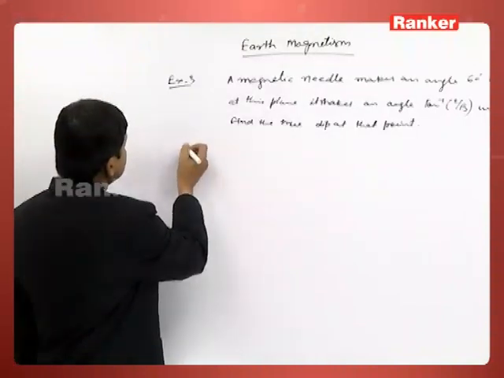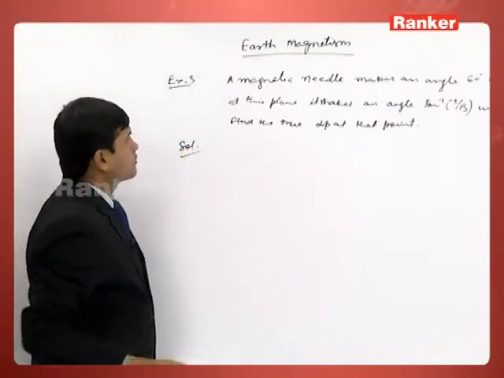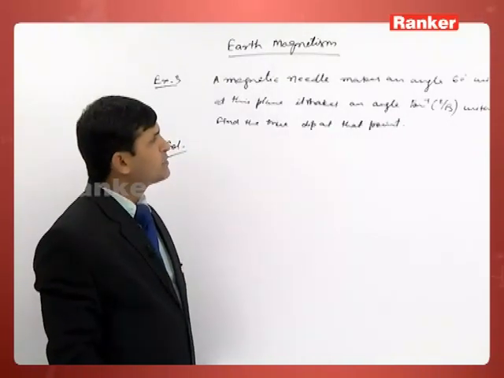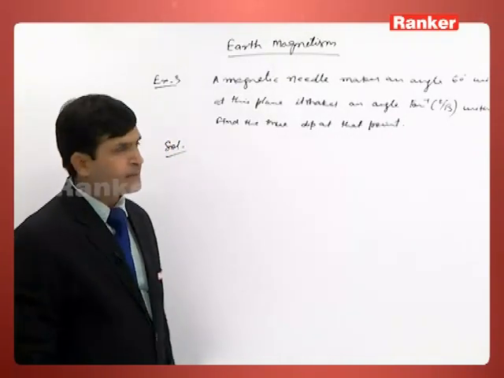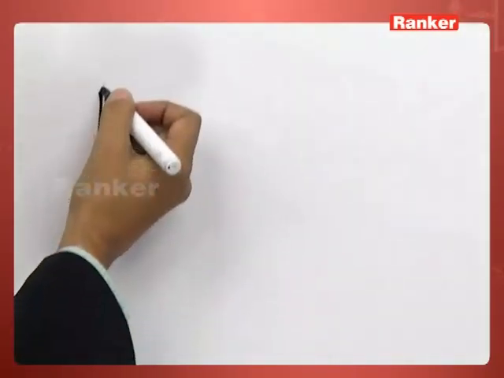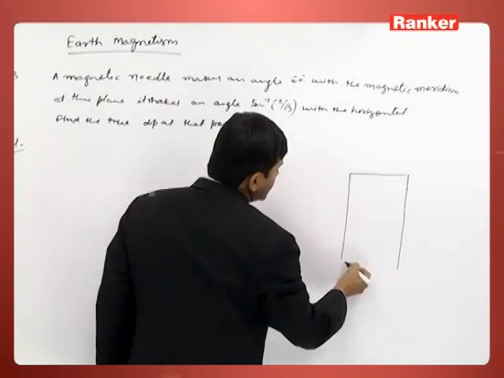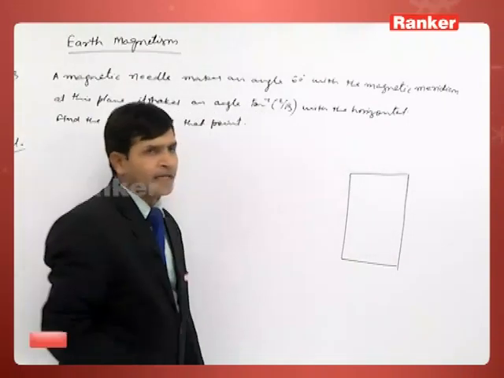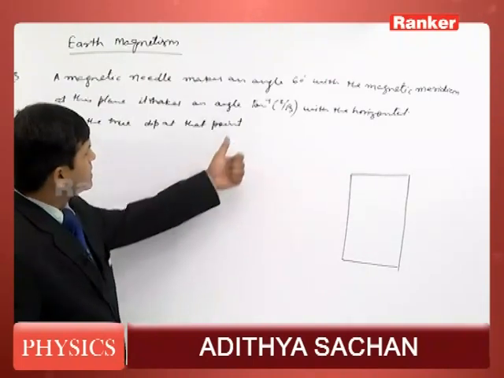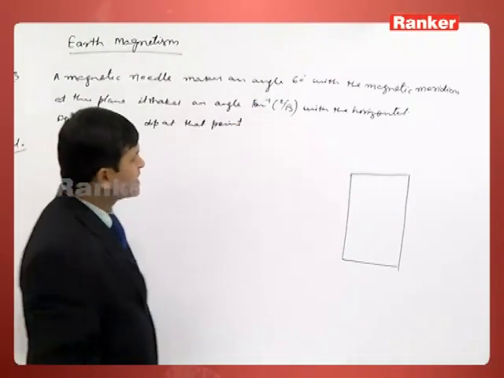So see the meaning of this question here. A magnetic needle makes an angle 60 degree with the magnetic meridian. It means this is the plane in which our needle is lying, and this needle is 60 degree with the magnetic meridian plane.